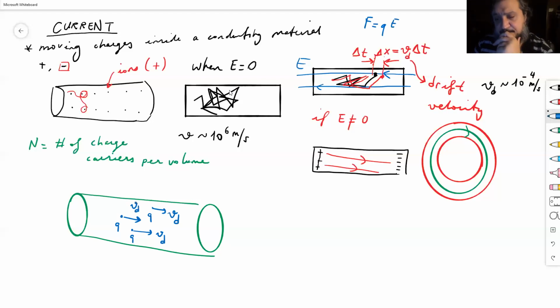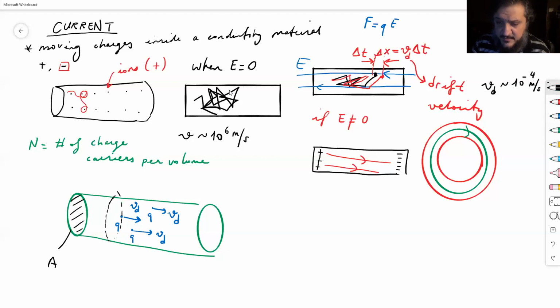Now, I want to find how many of these charge carriers there are in a given volume. My volume could be a smaller portion here. This is the cross-section area.